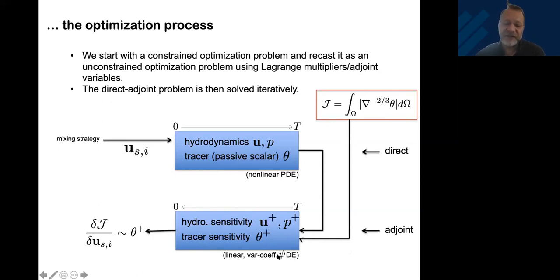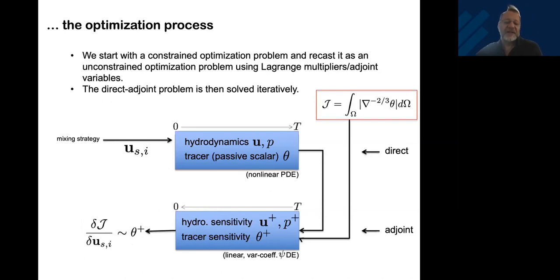It has integer derivatives, the ones we're usually used to, and it also has a fractional derivative from the driving term. These equations have to be solved backward in time. You can only solve them backward in time from capital T to 0. And what you get along this integration is a gradient of what you want to accomplish versus the control parameter. In our case, it's the velocities.